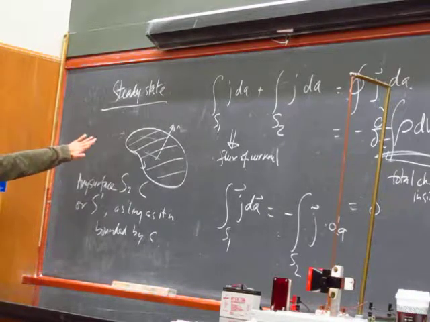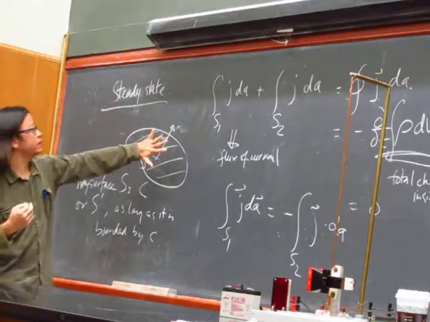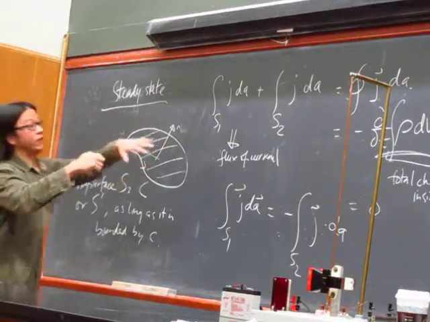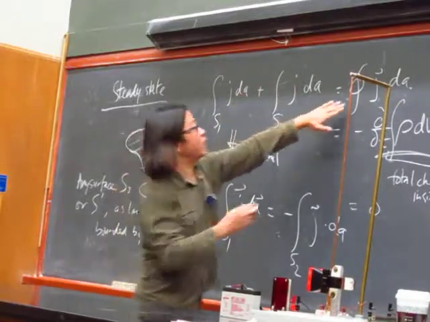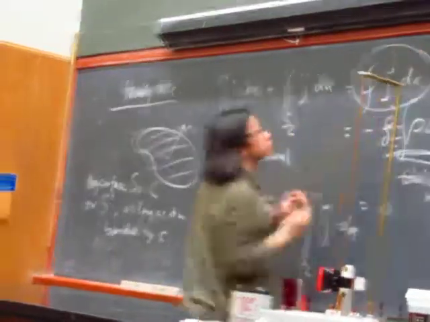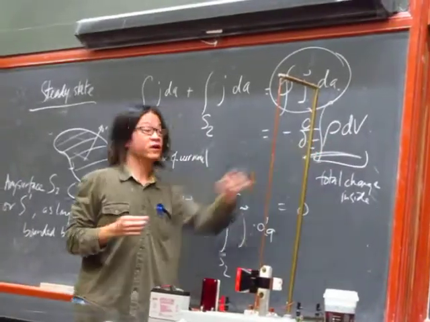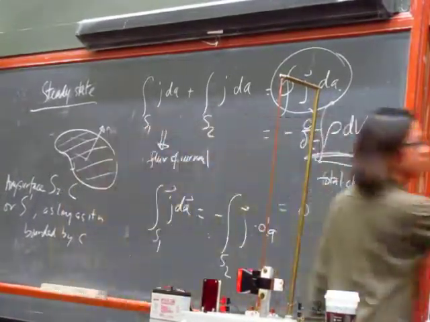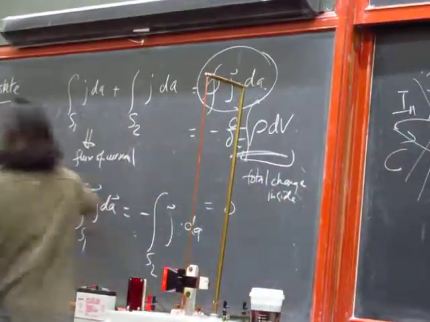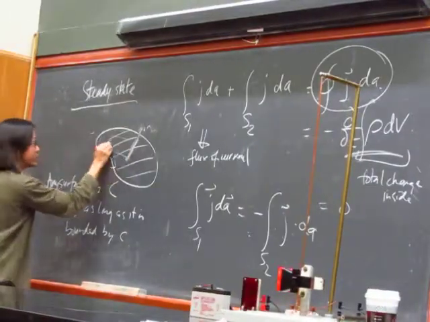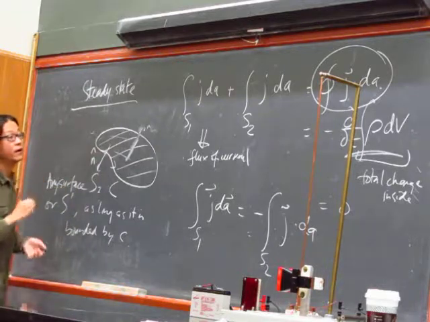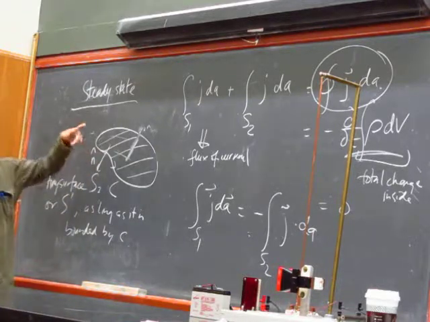The thing is, you have to be careful about the sign, right? This is a minus sign because I want a closed surface flux over a volume. If that's outward this way, this is the same surface, then the normal is all outward that way.